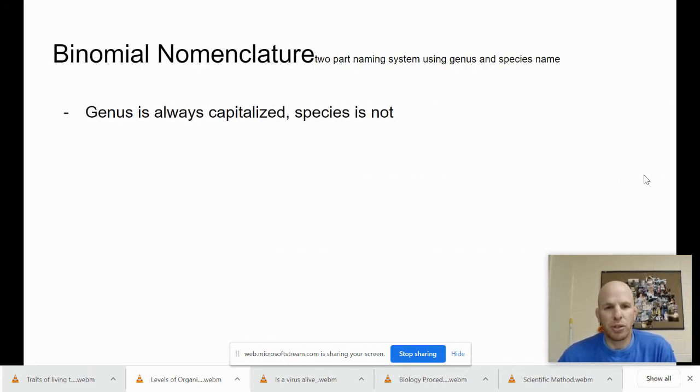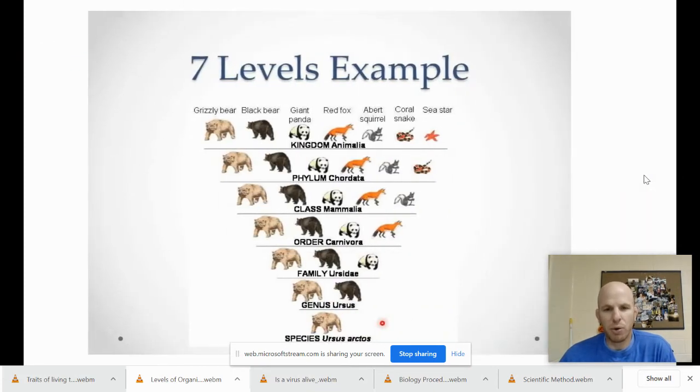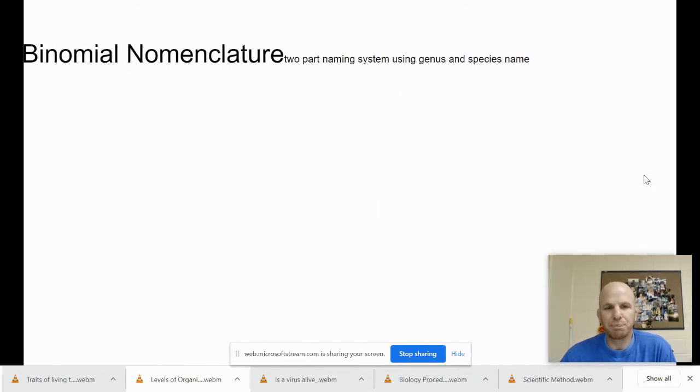Binomial nomenclature uses the two last parts of our 7 levels of classification. Remember, kingdom, phylum, class, order, family, genus, species. Well, I'm going to use the genus name and the species name. So here, I'm going back and forth a lot. Ursus was the genus. Arctos was the species. So Ursus arctos is the binomial nomenclature of the grizzly bear.